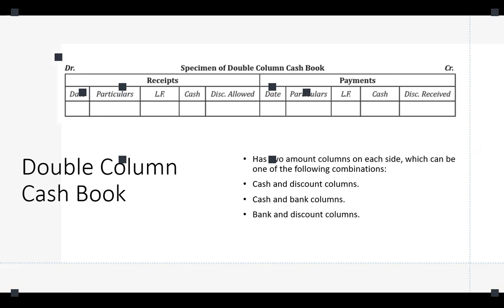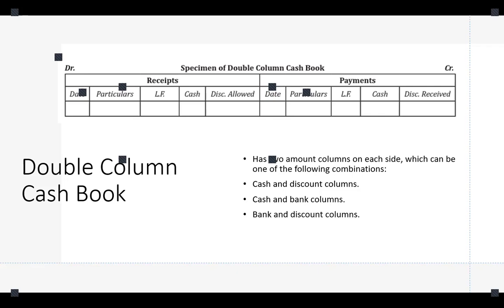Let's go ahead to the other type of cash book, that is the double column cash book. It has two amount columns on each side, which can be one of the following combinations: cash and discount column, cash and bank column, bank and discount column. So it is up to the accountant, or up to the business activity, what type of amount columns they can consist in this double column cash book.